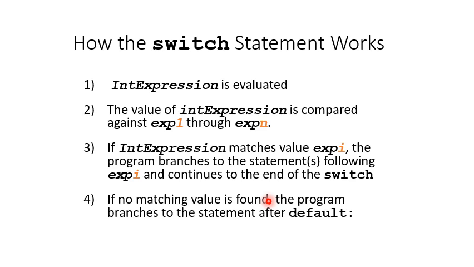If no matching value is found, the program branches to the statement after default. So basically, if the expression I cannot be found in those expressions that you have in your switch or in your case, therefore it will go directly to the default expression.